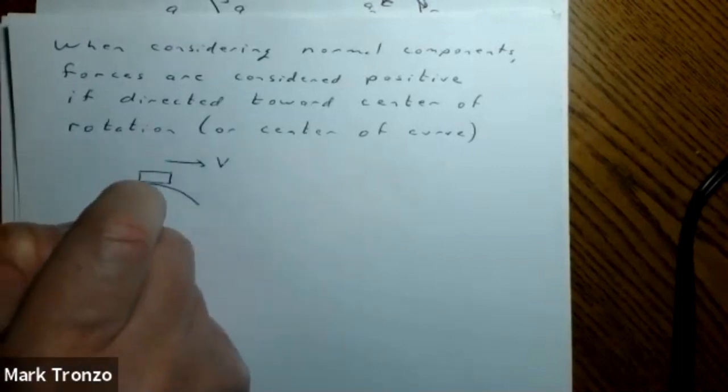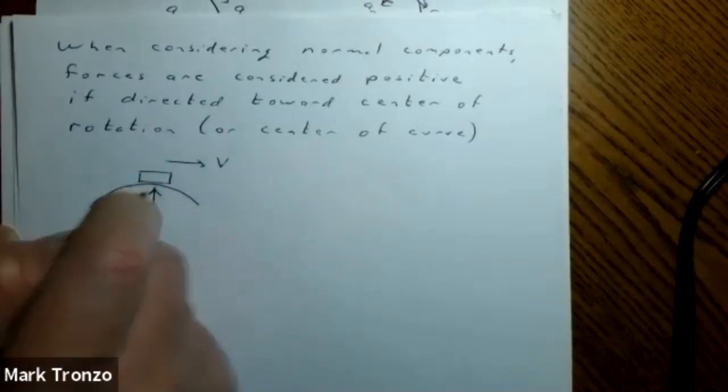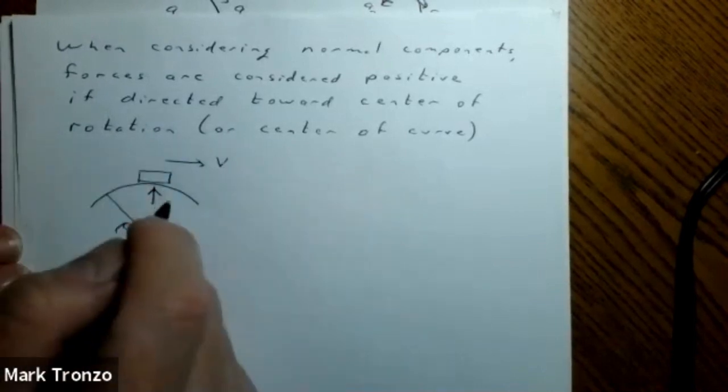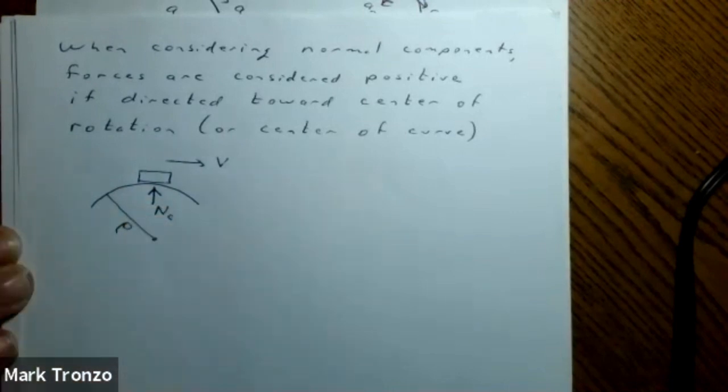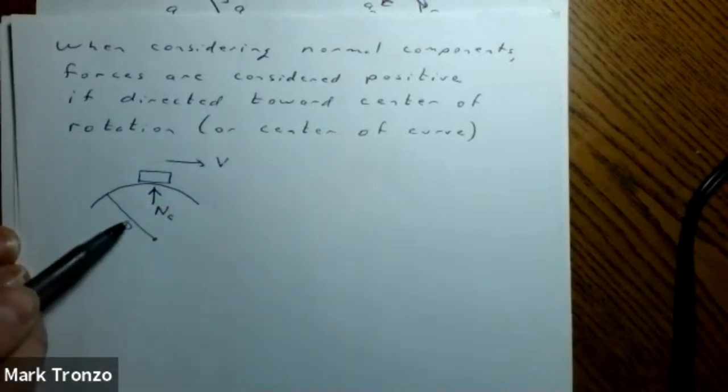And if you put your normal force here, in this section I'll try to use the book's notation. I think you use N_C now for the normal force in this context. You can use N, N_C, N_A, whichever you're comfortable with.